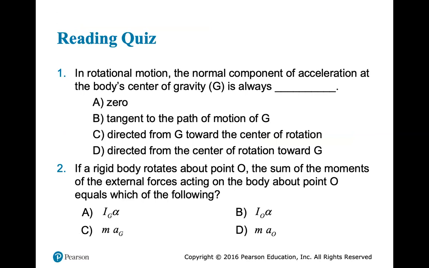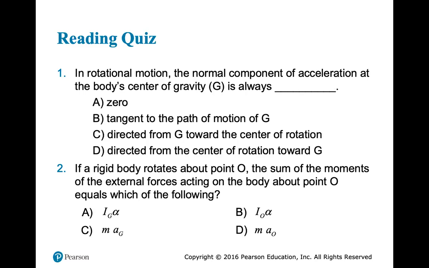If you remember, the normal component of the motion is the centripetal part, and it's the positive centripetal part, which means it's going to be pointing towards the center of motion. So the best answer is C.